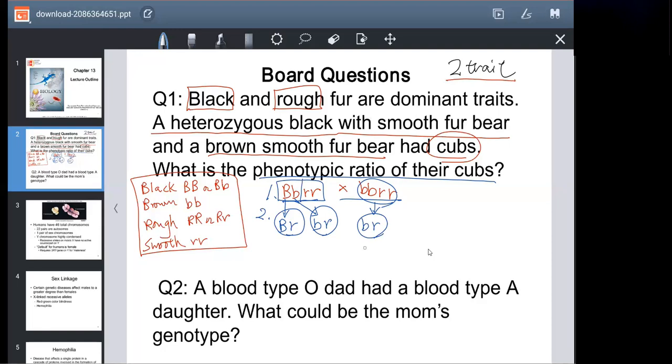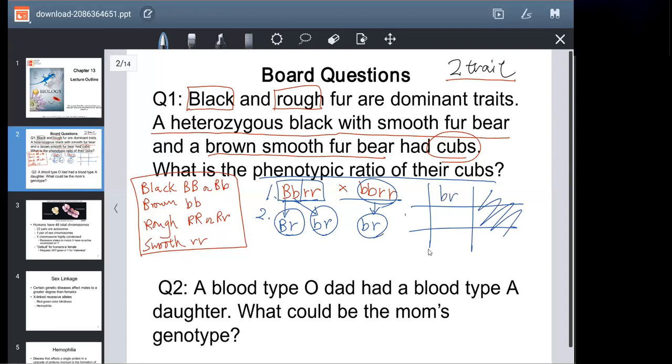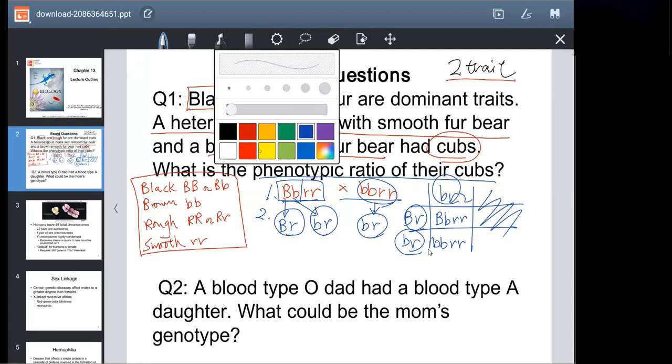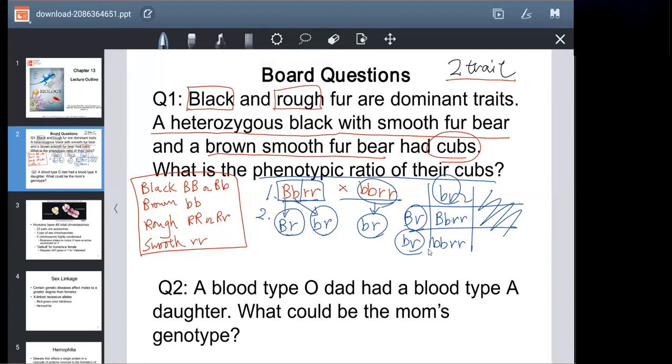Now that you have your gametes, can you do the cross? Yes, let's do our cross. So big B, little r, little b, little r. What is your phenotypic ratio? Don't forget, you need to translate this back into phenotype.